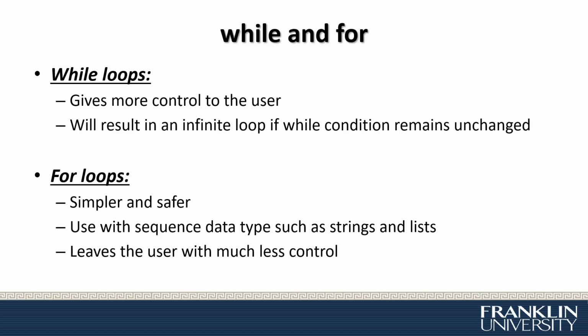The for loop is typically simpler and safer. And typically you will see for loop, like the previous example, used for sequence data such as list and string. It leaves the user much less control, but it's much easier to use. Which one you use depends on the problem.